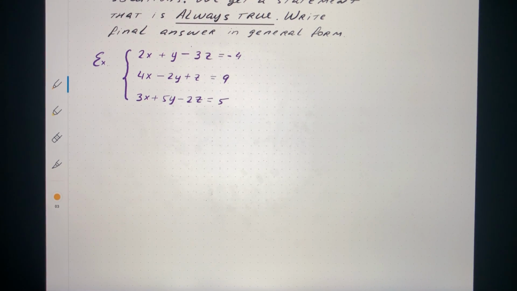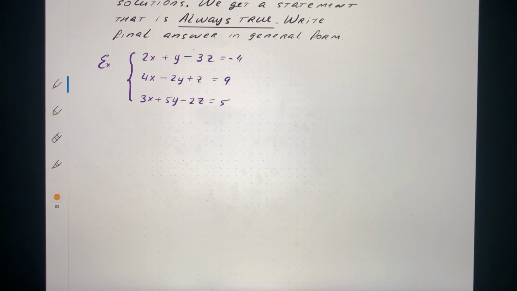So if we solve for the z in the second, that means we have to subtract 4x from both sides. So the z is 9 minus 4x, and then to cancel minus 2y, we add 2y to both sides, and that's our answer for the z. Now in the other two equations, we replace the z with what we just found it to be.